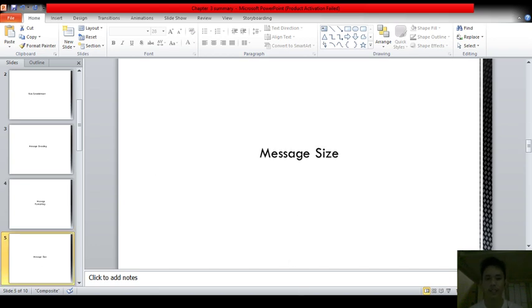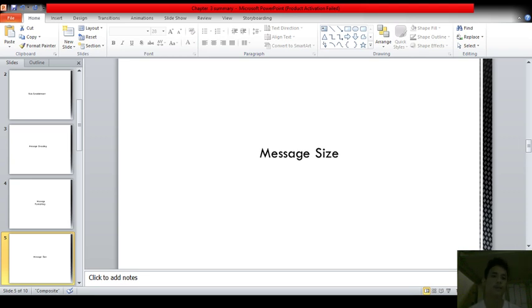Next is message size. Another rule of communication is size. When people communicate with each other, the messages they send are usually broken into smaller parts or sentences.